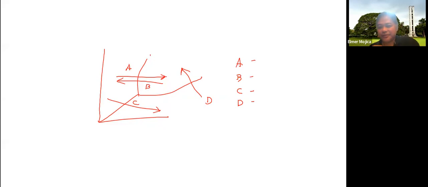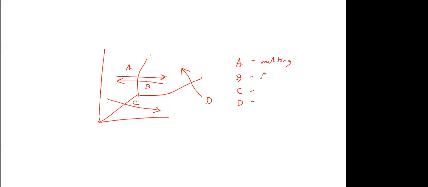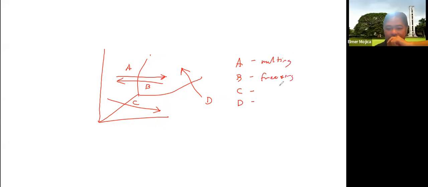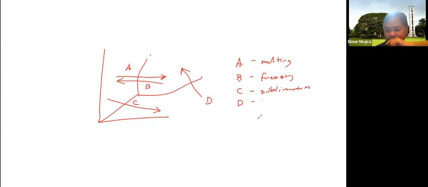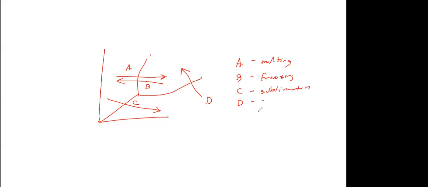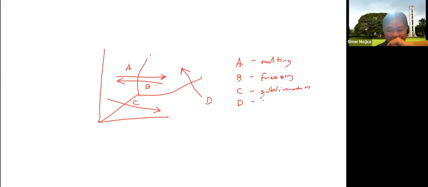Ganyan yung mga tanong. So A is what? Melting. Melting po. B is the reverse of melting, which is freezing. Freezing po. And then C is what? Sublimation. Sublimation. And then D is? Vaporization. Vaporization po. Is Condensation it po. Vaporization?